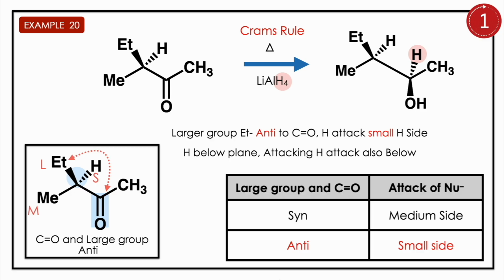Here hydrogen is the small one, which is below the plane, so attack will happen below the plane. So hydrogen attacks below, OH comes above. You have the final product. The concept you have to learn here is that assigning large, medium and small groups is important. Always be careful. Find the product.